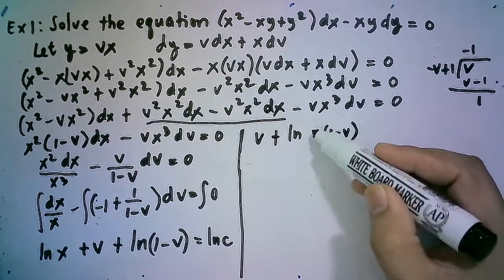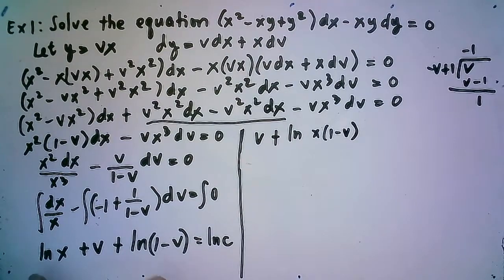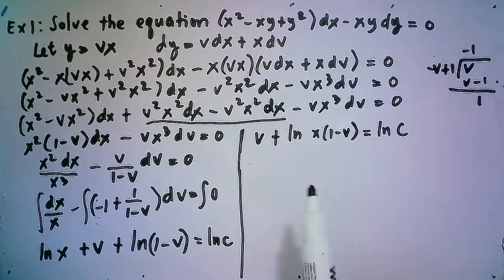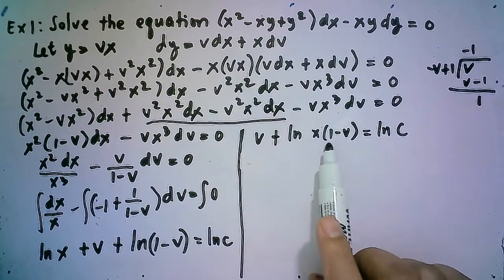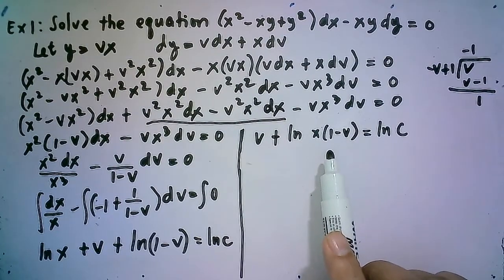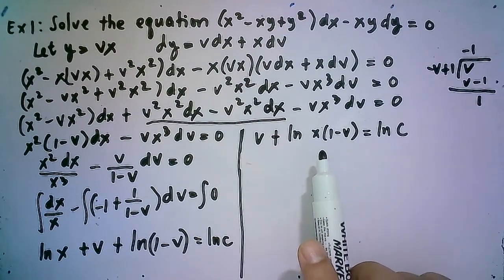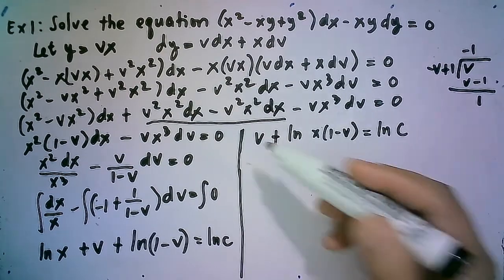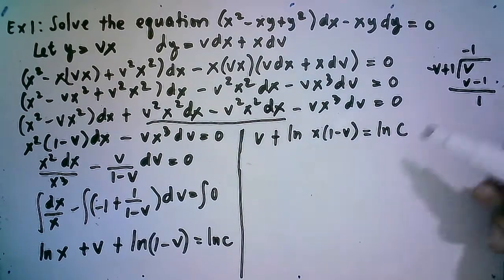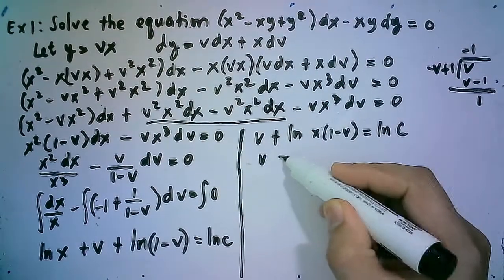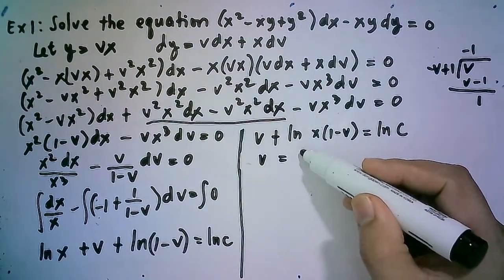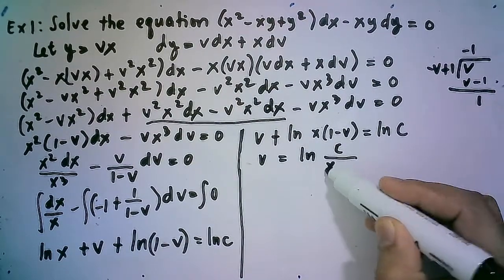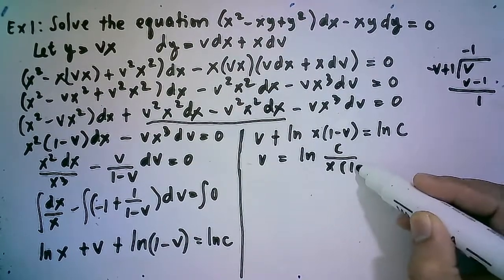We will combine these two ln, which is equivalent to ln of c. Now this ln of x times 1 minus v, if we want to transfer this one to the other side, that becomes minus. Therefore, you will have here v is equivalent to ln of c over x times 1 minus v.